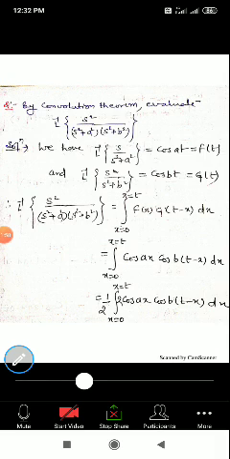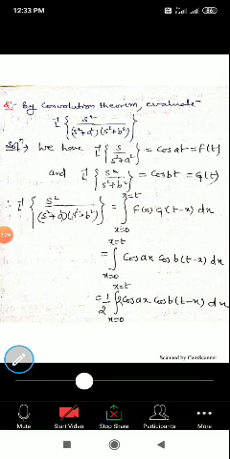Look at this example on screen. By using the convolution theorem, find the Laplace inverse of s squared upon (s squared plus a squared) times (s squared plus b squared). We can write this function as the product of s upon s squared plus a squared and s upon s squared plus b squared.